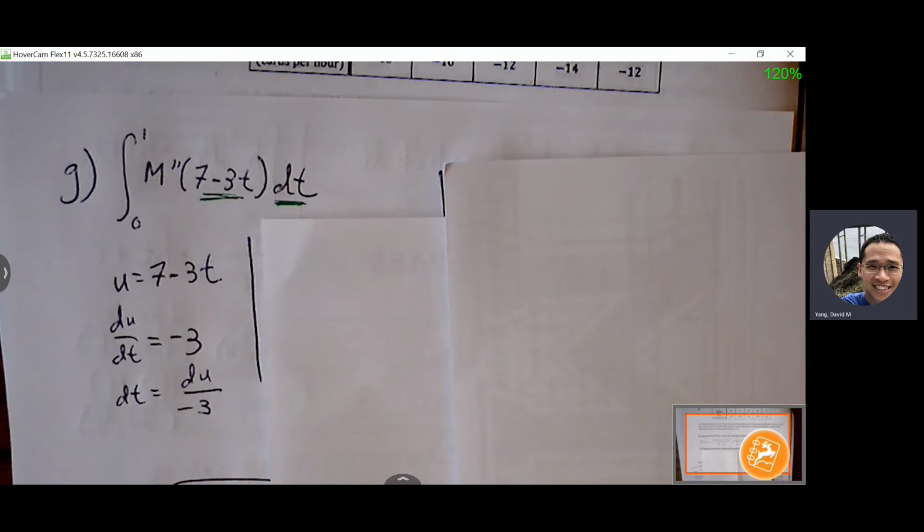We let the u value be that portion inside the parentheses, 7 minus 3t. We make everything in terms of u, so we can get that cleaned up. du/dt is -3. Solve for dt. We get du over -3.